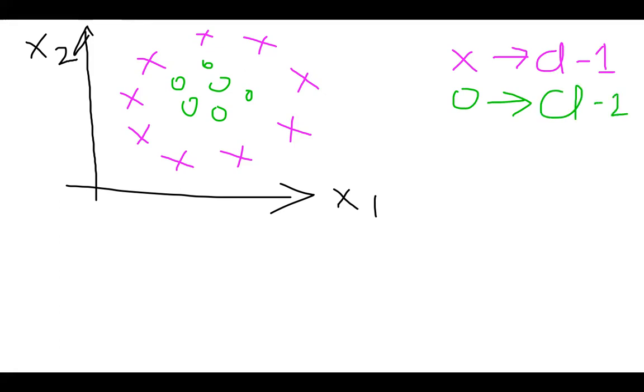In this particular example, you can't draw a line like this, because if you draw this line, on any side of the line you can see both class 1 and class 2 are present, so you can't draw a line this way.